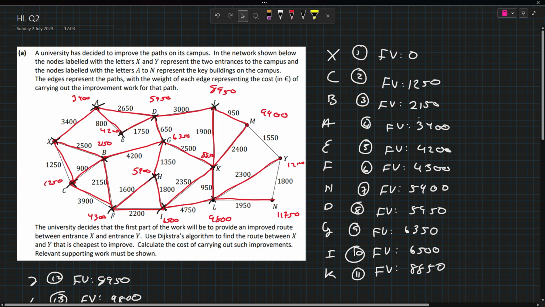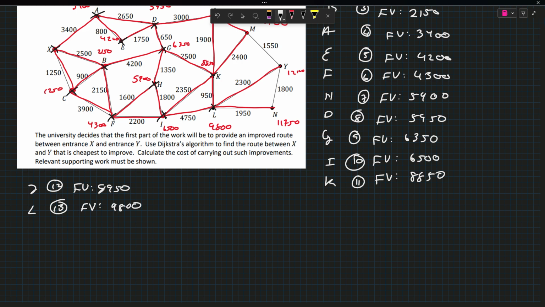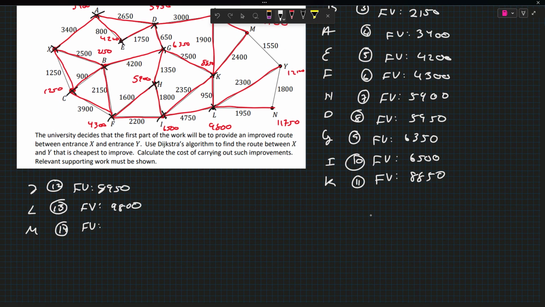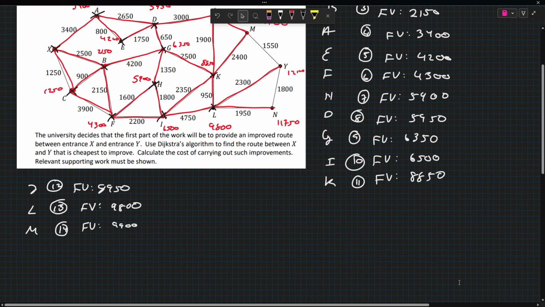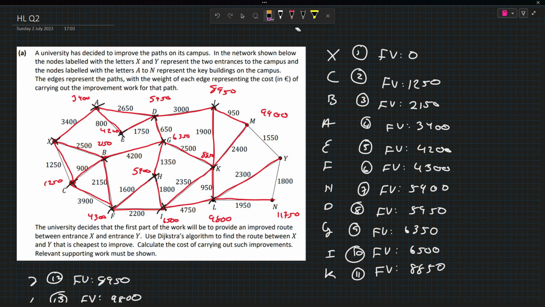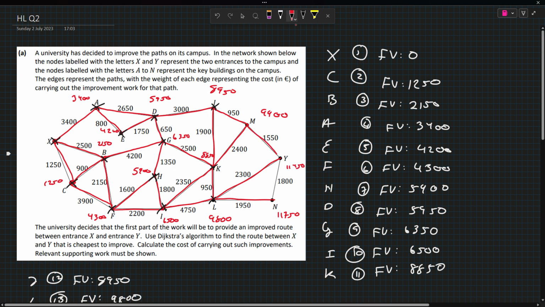Now, M is clearly the next shortest, so M gets priority 14, final value of 9,900. Now, 9,900 plus 1,550 is 11,450, which is better. So this goes to 11,450, and we've considered this, and now we're gone.